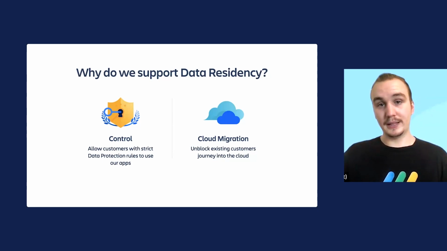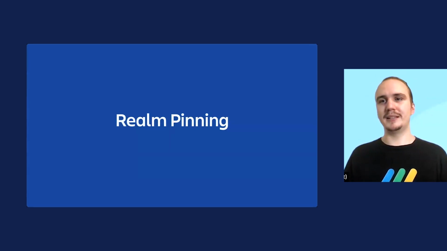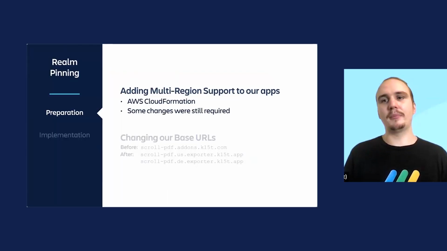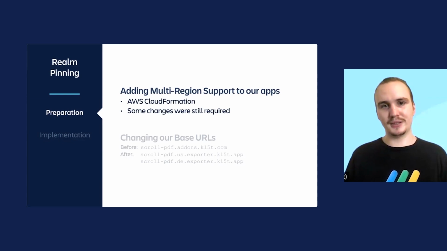Okay, so let's talk about how we implemented realm pinning. Again, realm pinning is basically just allowing the app to be installed into another region. And we did it by deploying our app into another region as well. The first thing we did was some preparations. We ensured that our app was able to run in multiple regions.